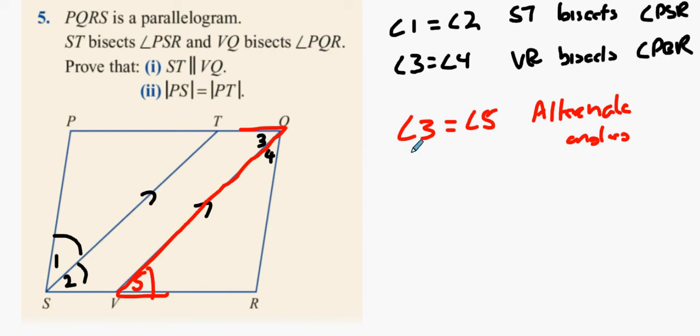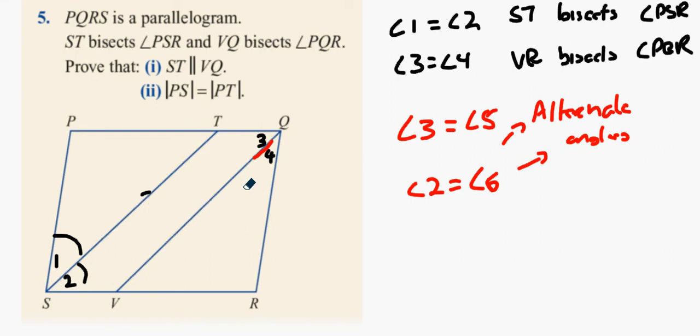Okay, now is there any other ones that are alternate? We can call this angle 6 if you want. And then angle 2 will equal angle 6, also because it's alternate angles. Okay. Now, you might not even need that alternate part. Okay, so we have 5 and 6, alright? So once again, what we're looking to do, we're trying to get ST is parallel to Phi Q. Okay, so we're going to go for RQV, R to Q to V, which is angle 4.